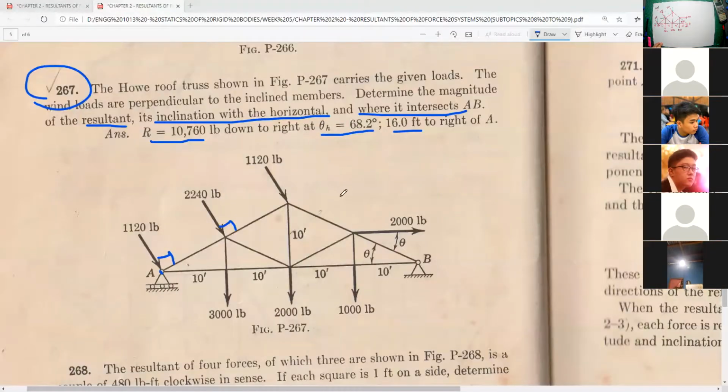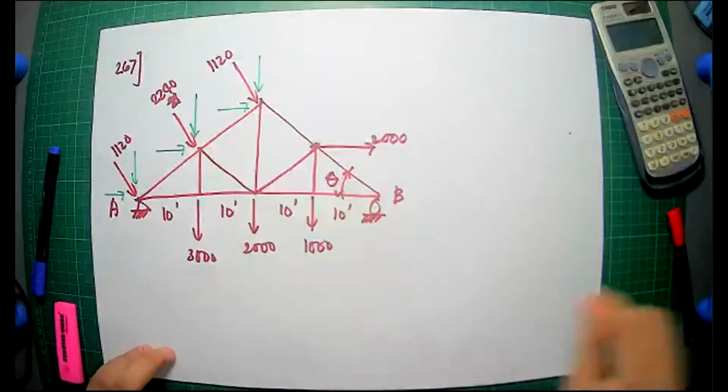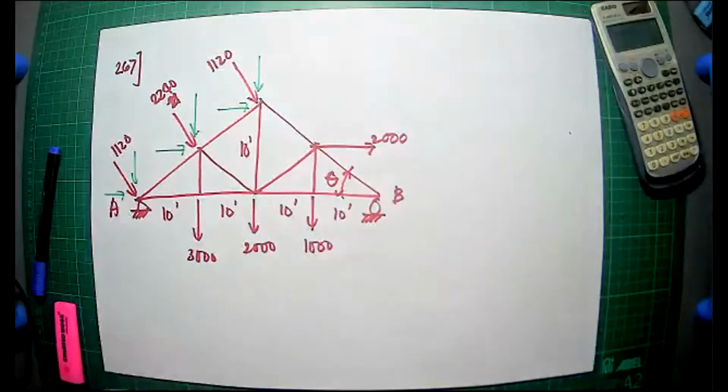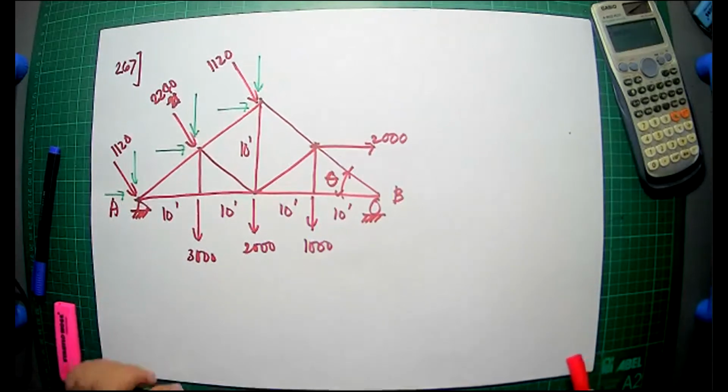Theta, wala, kay distance lang ang ginhatag, okay? So, sige, makompute tas ang distance. Okay, if the pitch of the roof is 10 feet, so we can compute for theta. You may use slope, you may use theta, depende sa imo.